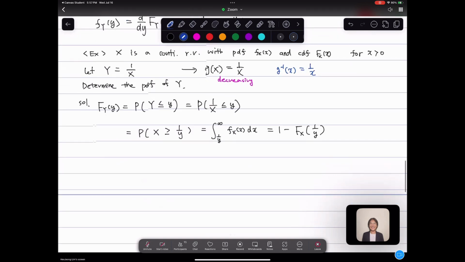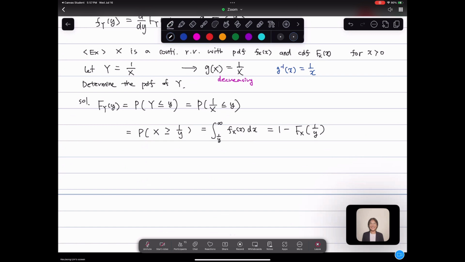So let's go through the same process for a general g of x. F of y is the probability that Y is less than or equal to y. Then Y is g of X, less than or equal to y.